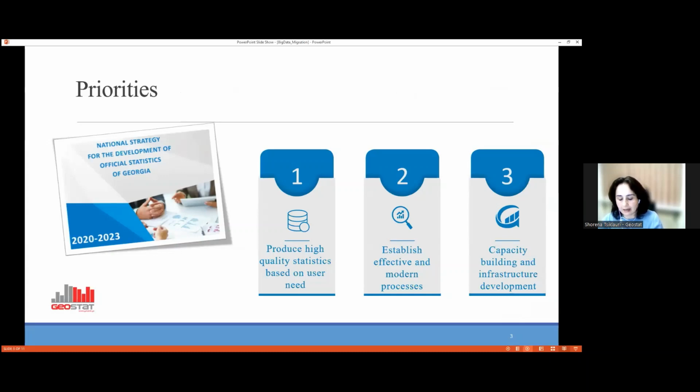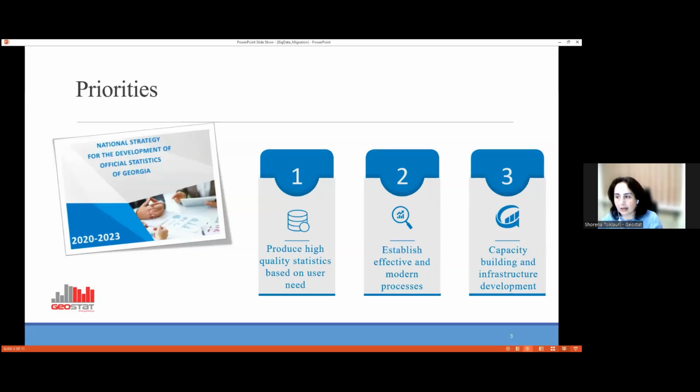The main idea and goal of this document is to define an overall vision of the development of the national statistical system of Georgia that includes the country's national and international needs, addresses the data requirements of the national policy making system, and identifies the areas of priorities.